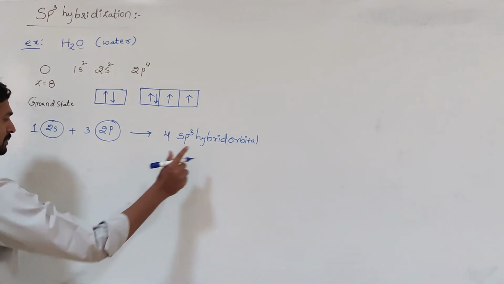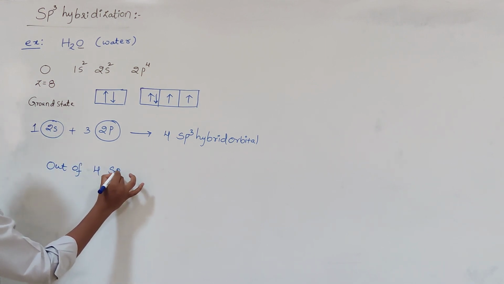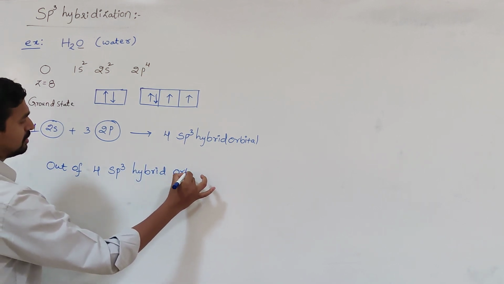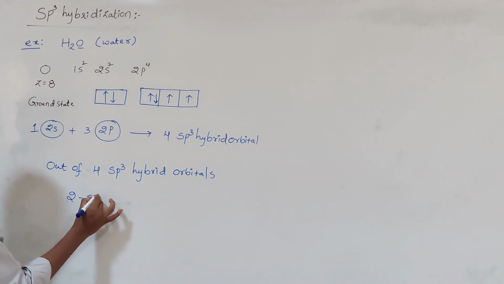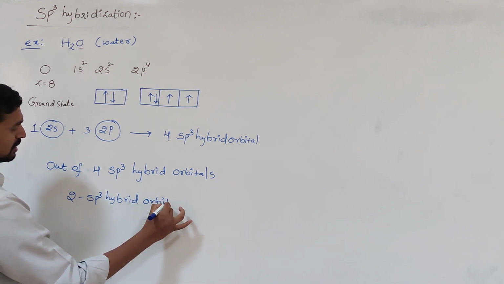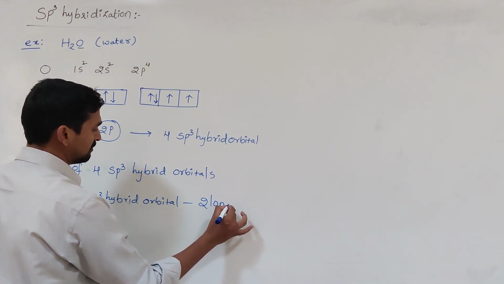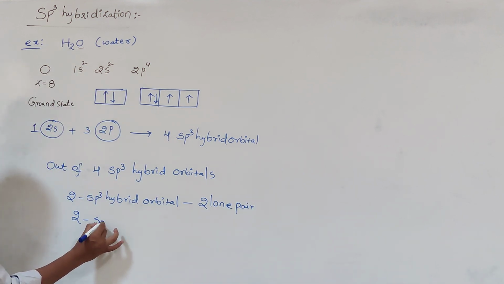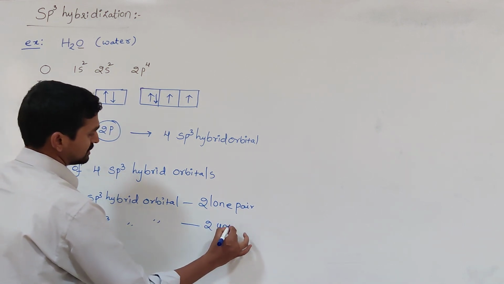But here, out of the 4 sp3 hybrid orbitals, 2 sp3 hybrid orbitals contain 2 lone pairs, that means each of these sp3 hybrid orbitals contains one lone pair, whereas the remaining 2 sp3 hybrid orbitals contain 2 unpaired electrons.